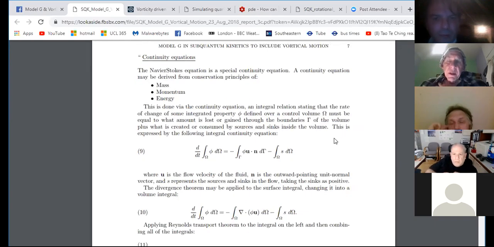And I didn't include it in Model G. In subquantum kinetics, mass was supposed to appear at the quantum level, depending on the concentration of the ether.